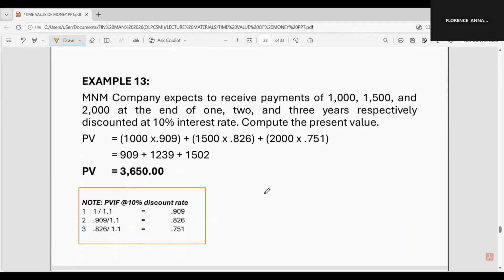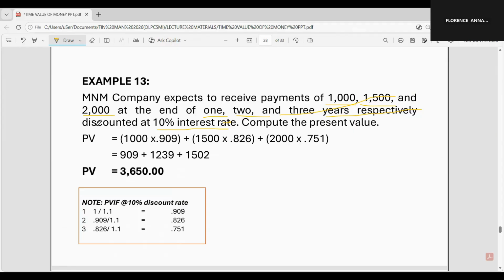So, for example, M&M Company expects to receive payment of 1,000, 1,500, and 2,000 at the end of 1, 2, and 3 years respectively. Discounted at 10% interest rate.